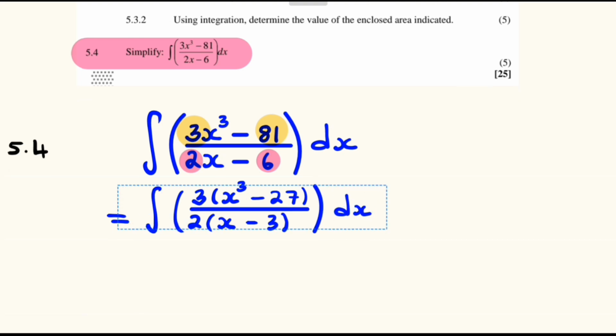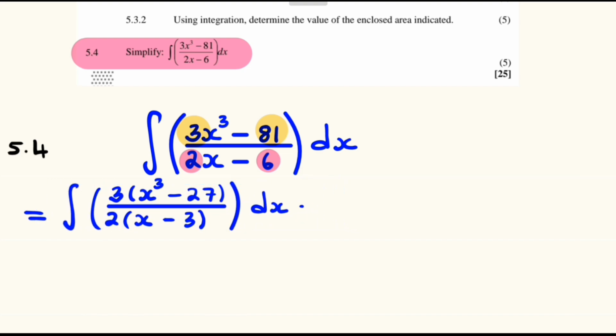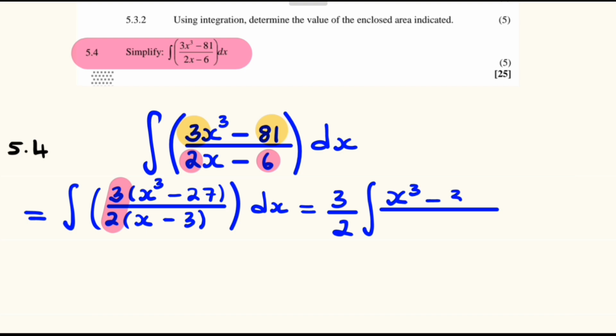The 3 divided by 2, we can write them out of the integral since they won't affect the integration process. So we have 3 divided by 2 multiplied by the integral of x cubed, and the 27 we can write it as 3 raised to the power 3.